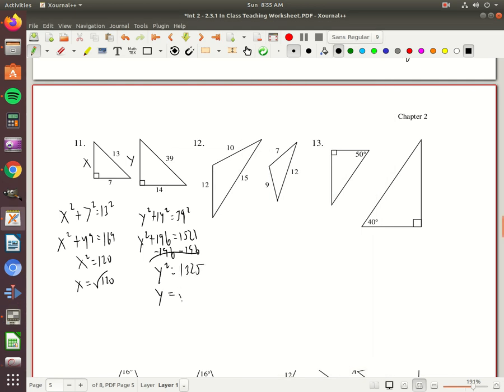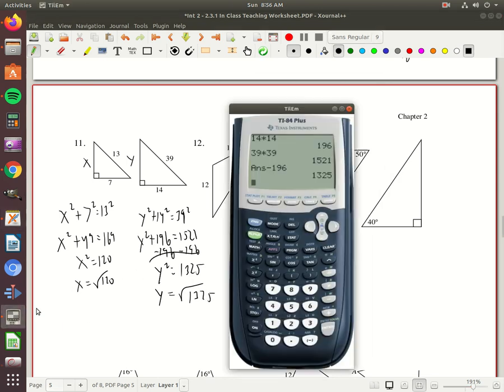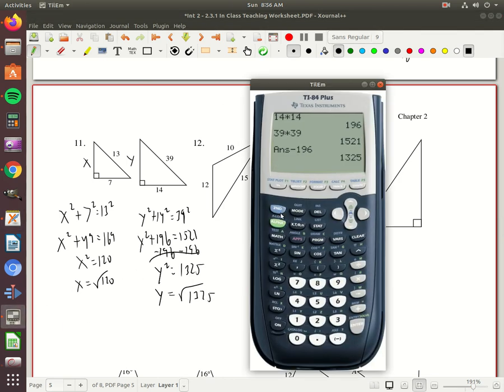So y is going to equal the square root of 1325. So we'll go here. The square root of 120 is going to be 10.95, and the square root of 1325 is going to be 36.4.